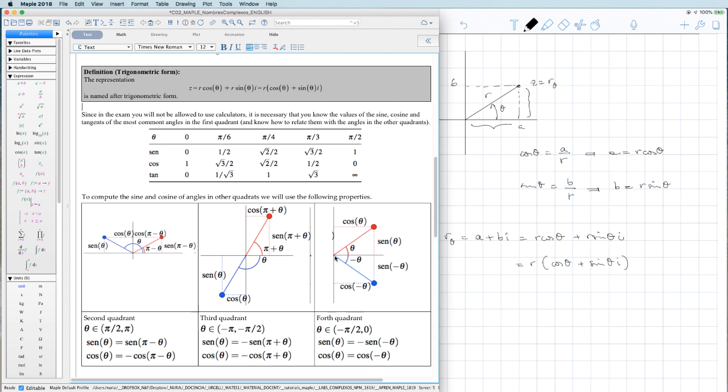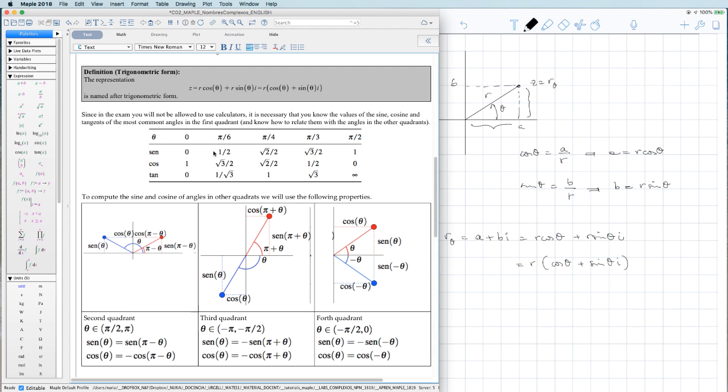And finally, if I'm in the fourth quadrant, I have my angle which is between 0 and minus 90, and I want to relate it to one angle in the first quadrant, so I just change the sign. In this case, the cosine is the same, this distance is the same in both cases, but the sine changes sign, so I have a minus in front.